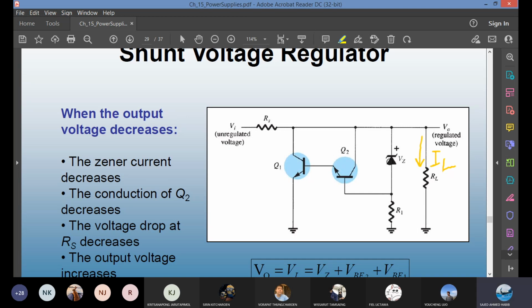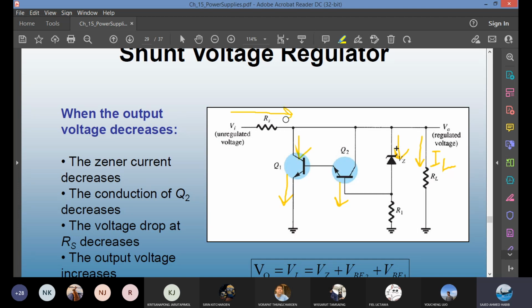It means the Zener current is also going down. When the Zener current goes down, the base current of Q2 goes down. It will also provide less base current to Q1, which means Q1 conduction is going down, and then the collector current of Q1 is going down.